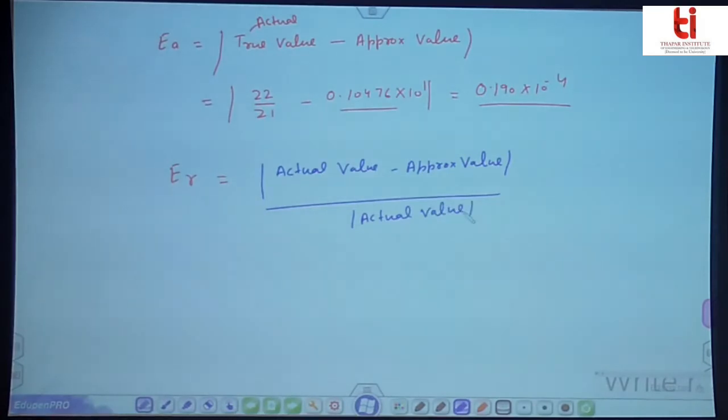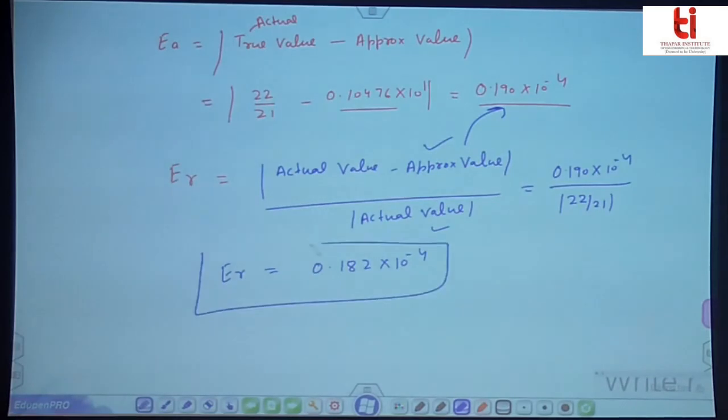So this is already computed, that is the absolute error, 0.190 into 10 to the power minus 4, and the actual value is 22 upon 21. Result is coming out to be 0.182 into 10 raised to the power minus 4. So this is your relative error.